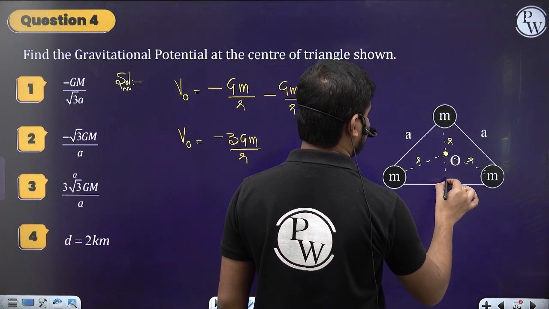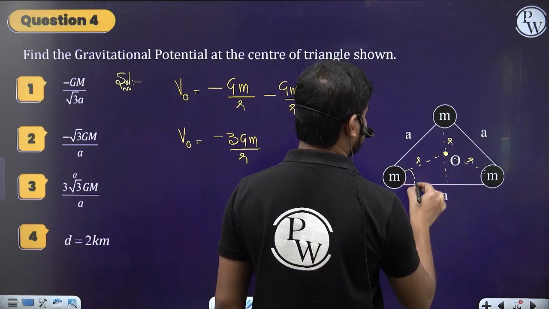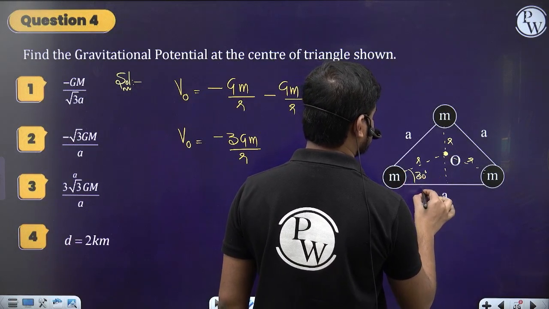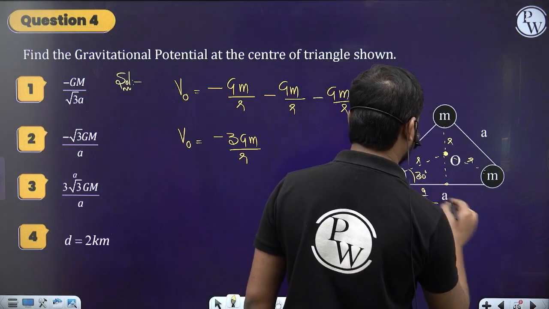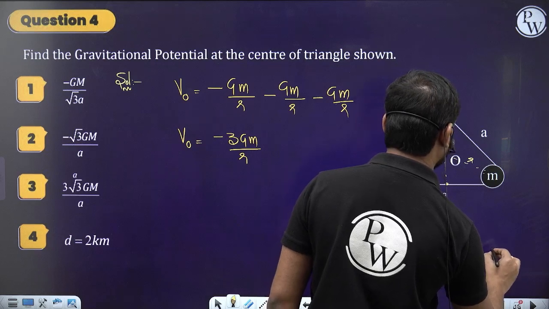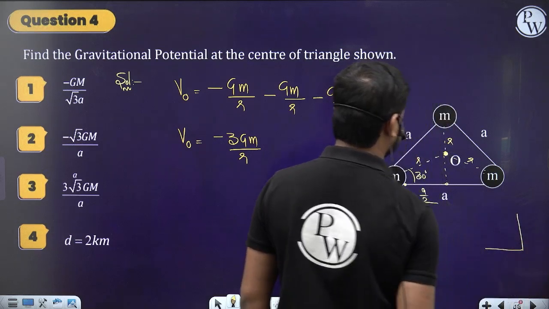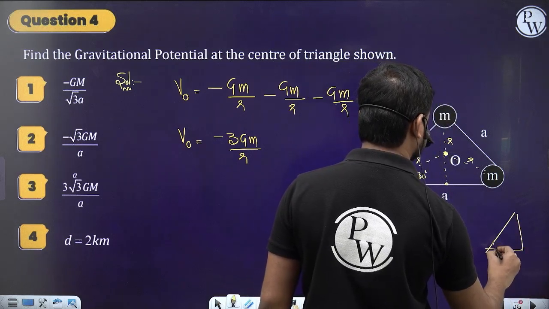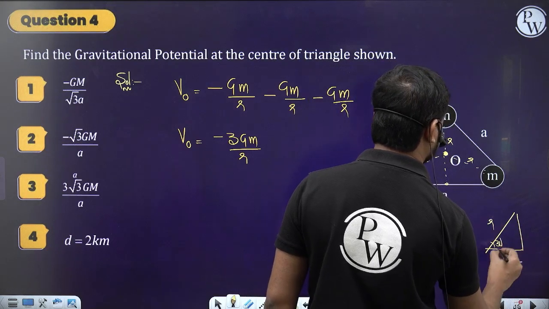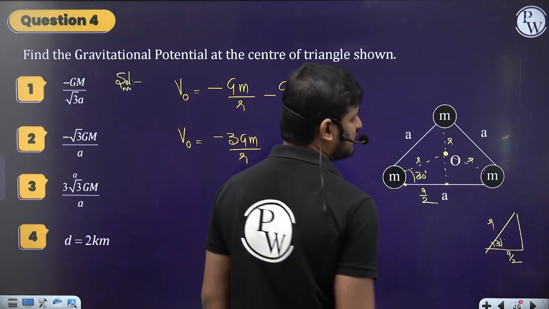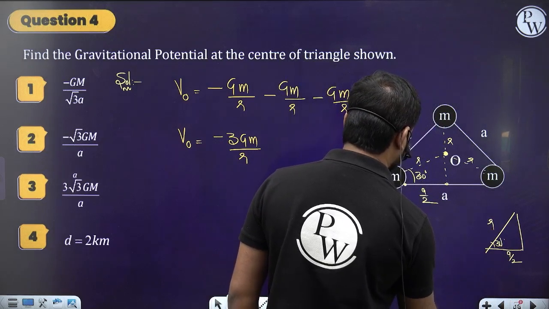So use some maths here. If you take this one, we can write this as 30 degrees. So this distance will be a by 2 from here to here. Write this triangle aside. So this is 30 degrees, this is a by 2, and this is r. Adjacent I know, hypotenuse I know, so let me use cos 30 degrees.